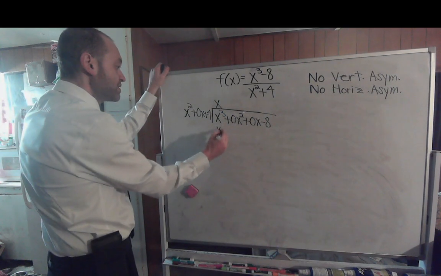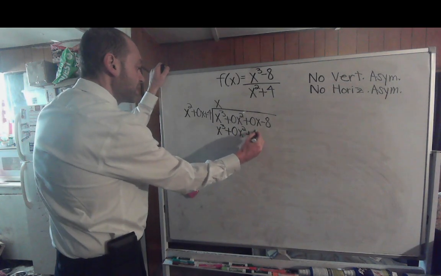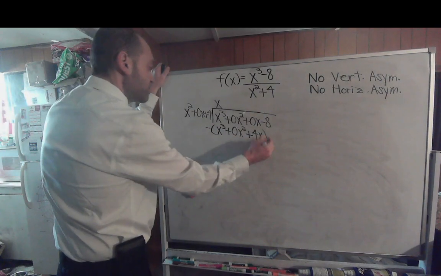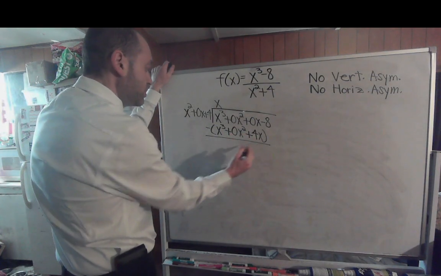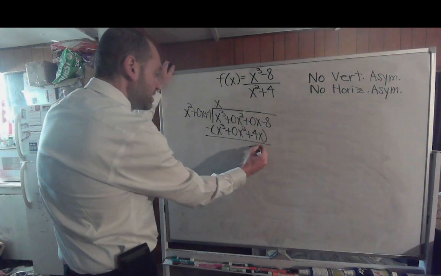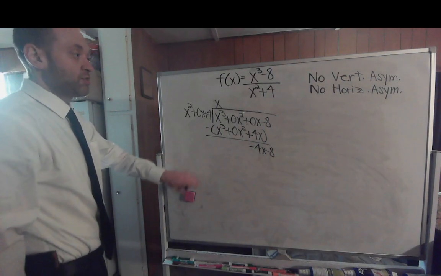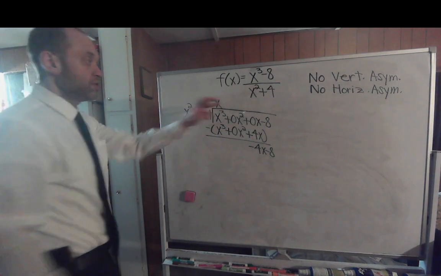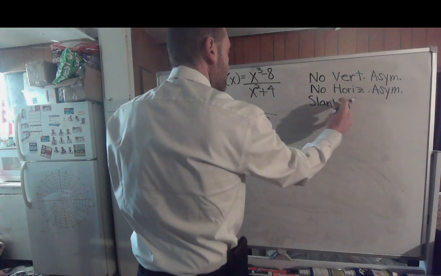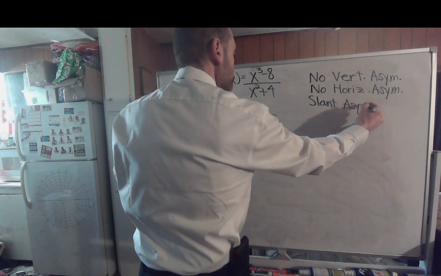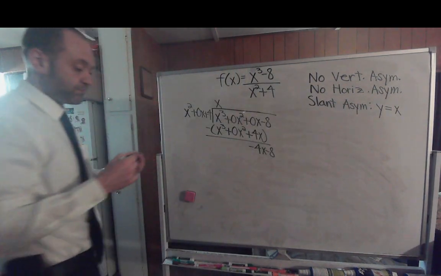You would end up getting x to the third plus 0x squared plus 4x. Do some subtraction here. That'd be 0, 0. You would end up getting negative 4x minus 8. That negative 4x minus 8 is your remainder, so you ignore the remainder. You do have a slant asymptote at y equals x.